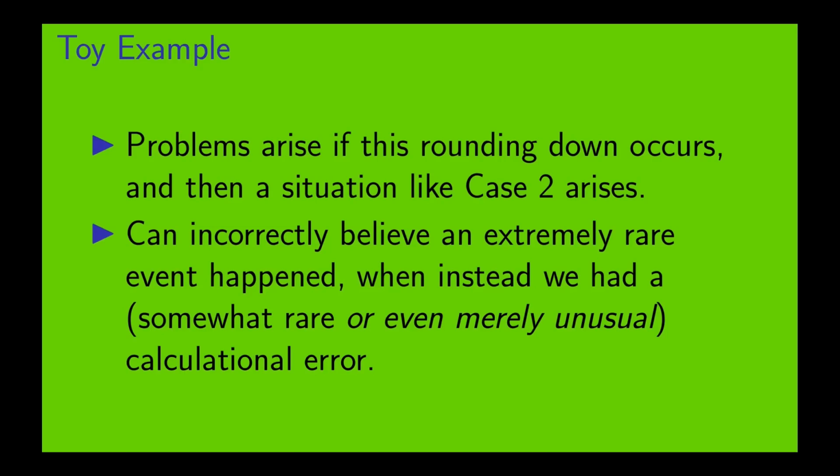Problems happen if this rounding down occurs and then a situation like case 2 pops up. If we forget that these errors can happen, we can incorrectly believe an extremely rare event happened when we instead had a somewhat rare or even merely unusual calculational error.